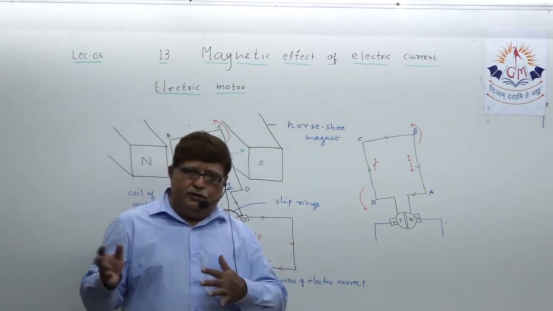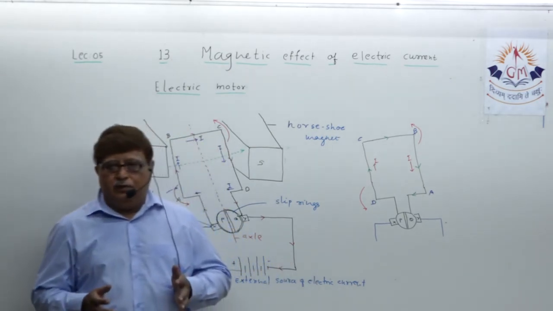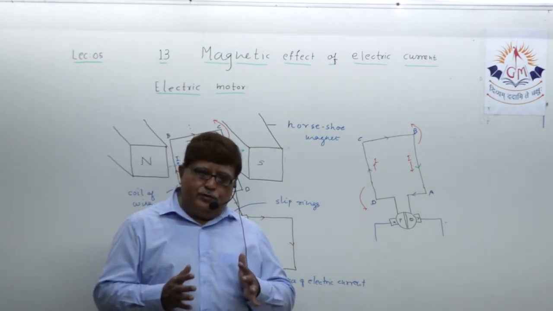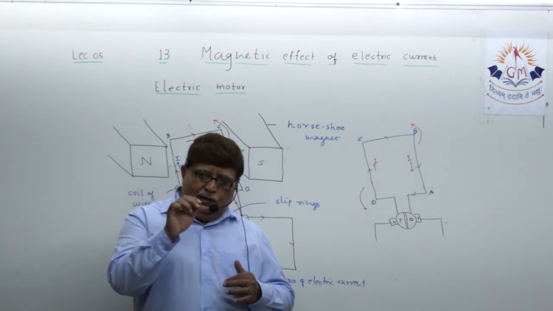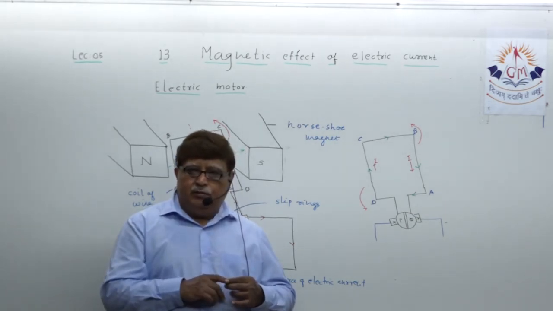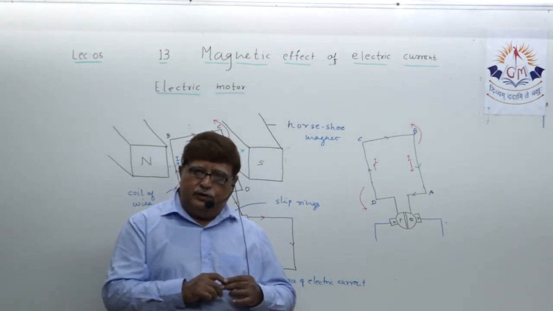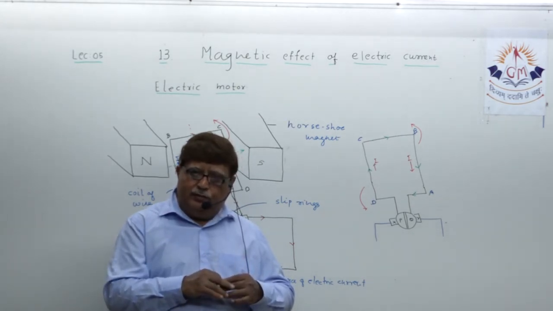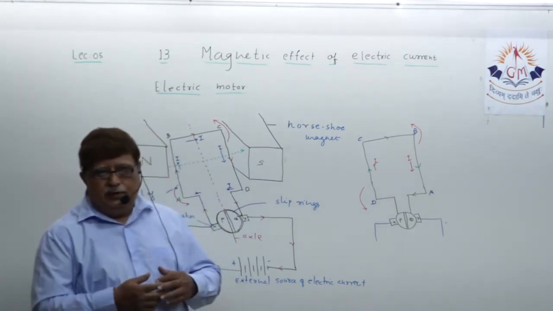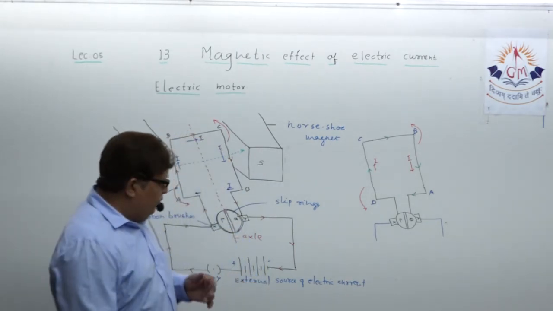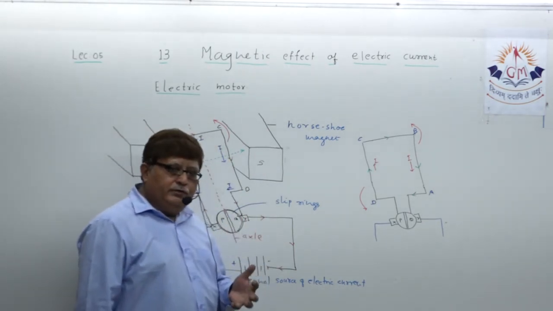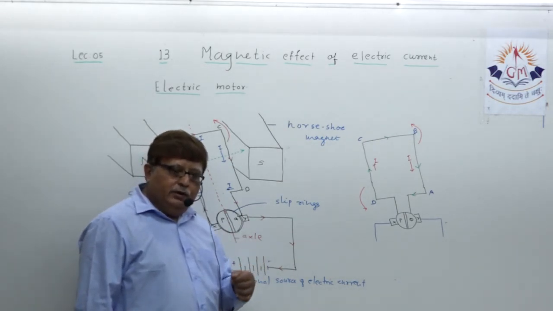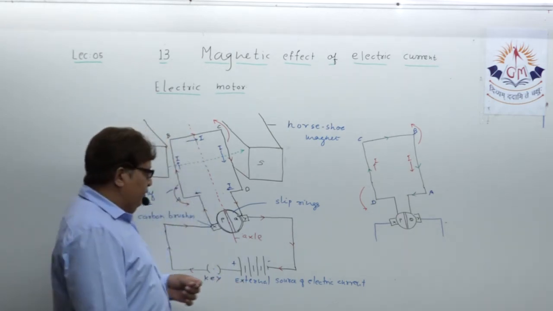But in the next 10 chapters' material, we have done it at the end. Whatever questions were asked from a particular chapter in the board exam 2020 are listed at the end of the chapter. Understood? So the principle, construction and working of the electric motor was asked in the board exam of March 2020.